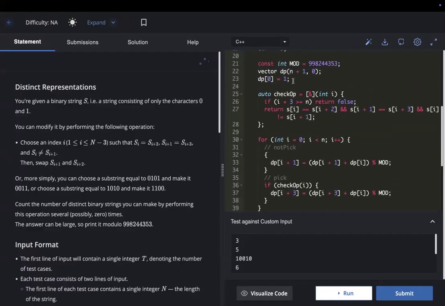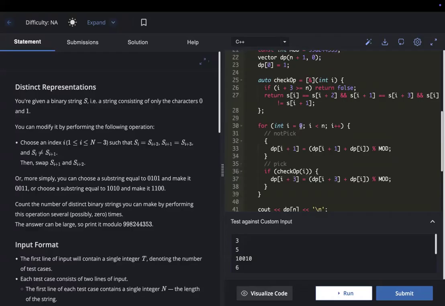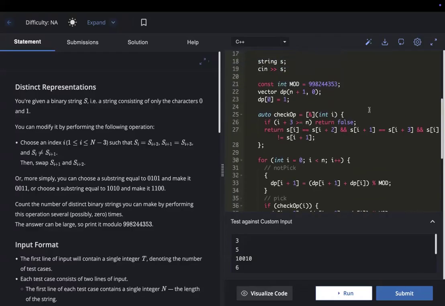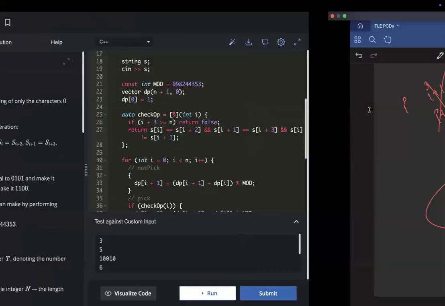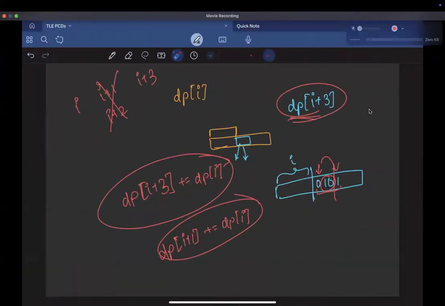So, in a nutshell, the recommendation from my side is to solve the problem that I told you about first. If you are not able to solve that problem, then you don't need to upsolve this problem. There is no point in trying to solve a more difficult problem if you can't solve an easier problem.